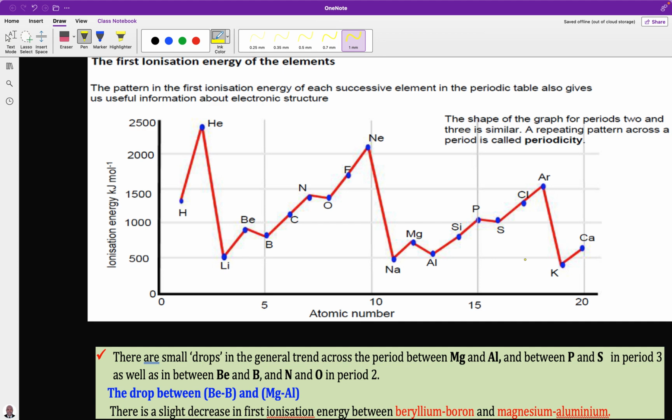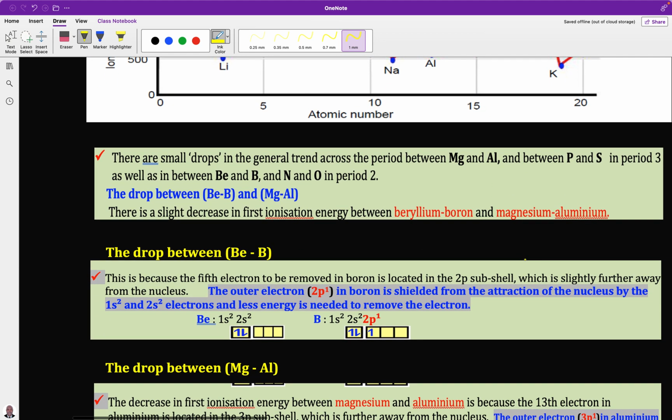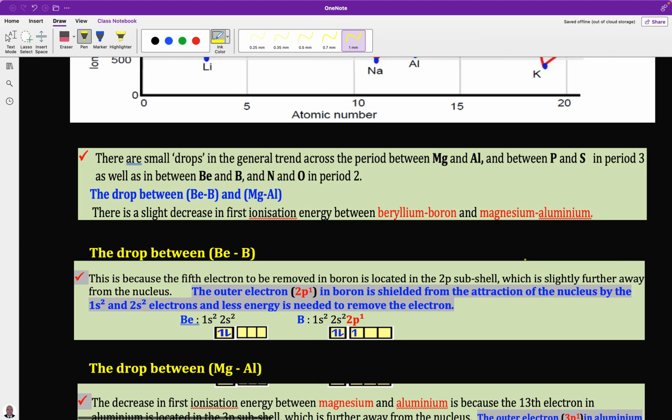There is a drop after beryllium, after nitrogen, after magnesium, and after phosphorus. These are the explanation. There are small drops in the general trend across the period, between magnesium and aluminum, between phosphorus and sulfur in period 3, as well as between beryllium and boron and nitrogen and oxygen in period 2.